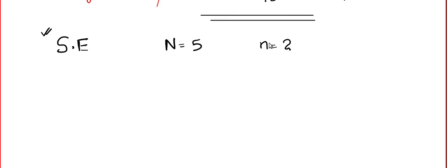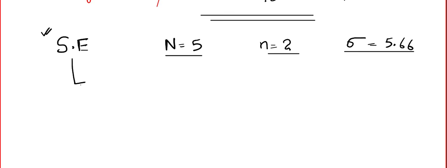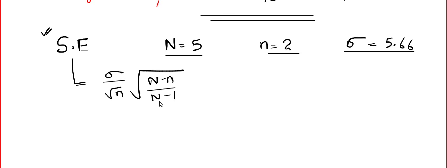Since you know these things, and we even calculated the population standard deviation, that is 5.66, the standard error is easily given by sigma by root n, times root under (N minus n) by (N minus 1).